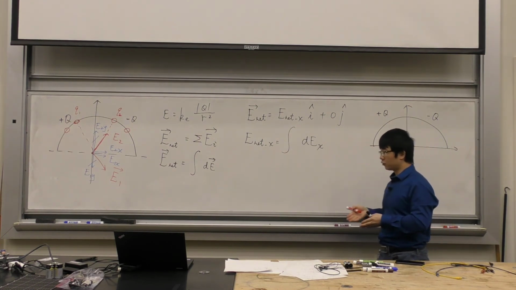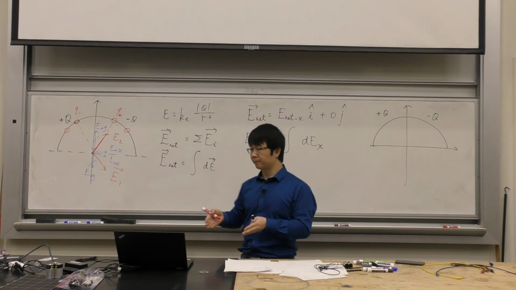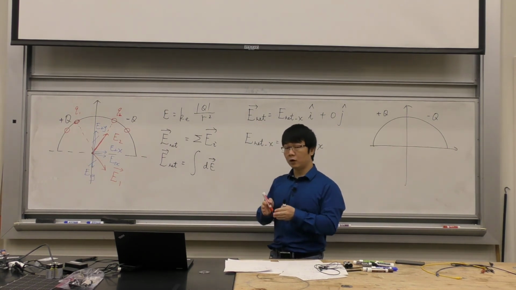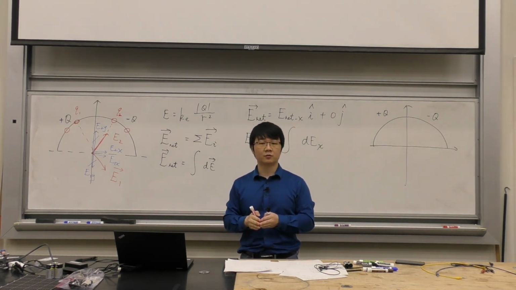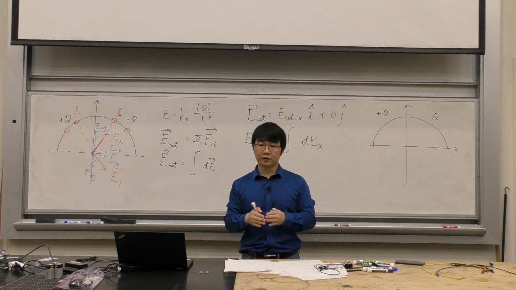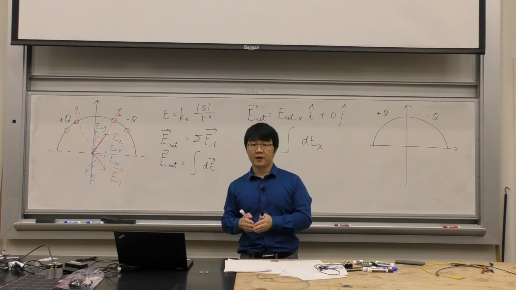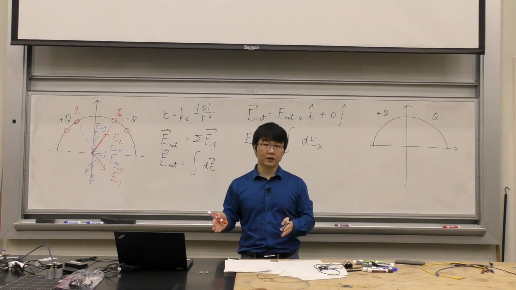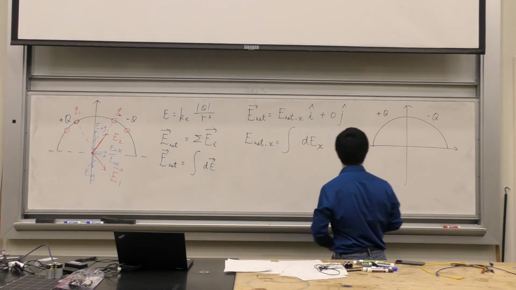And again, our goal is to reduce this thing into one variable. You may have a few variables to start with, okay? You're going to write everything in terms of one variable, then you look it up in the integral table, you can find the answer, okay?